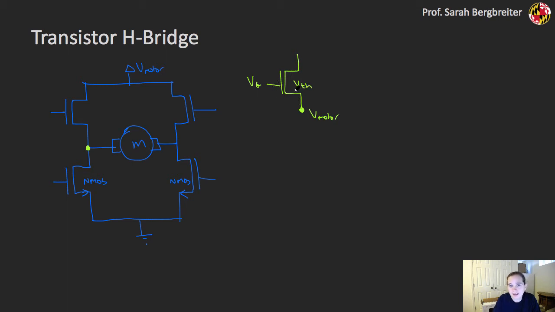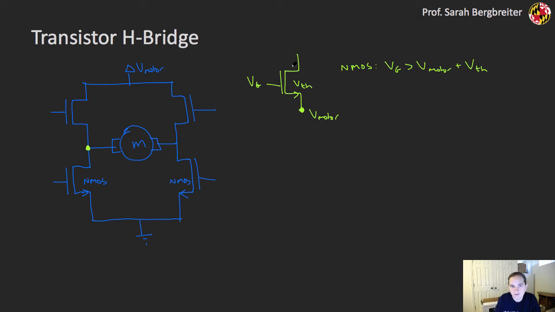If I made this an NMOS transistor, I'd need my gate voltage to be greater than my source voltage, in this case V motor, plus my threshold voltage. That would typically require a fairly high gate voltage, and something that would be potentially tricky for me to provide from some digital circuit like an Arduino.